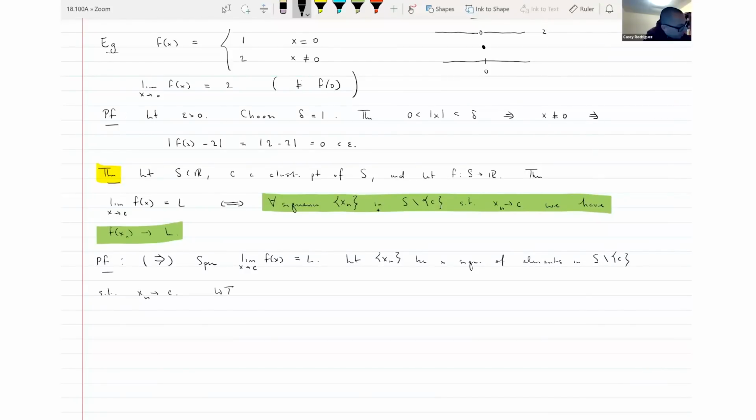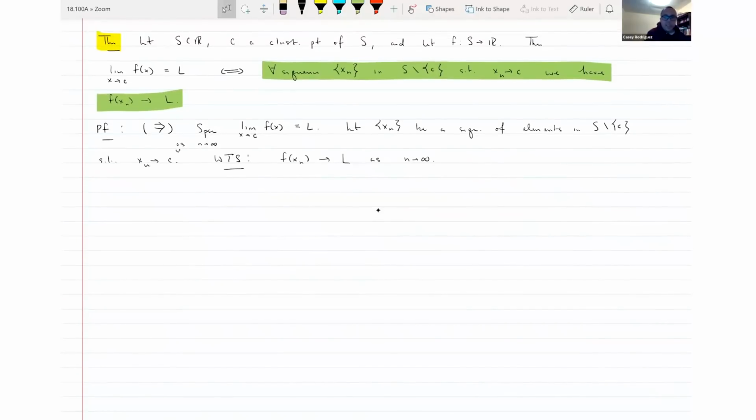And what we want to show is that f of x_n, which is now a new sequence, converges to L as n goes to infinity.